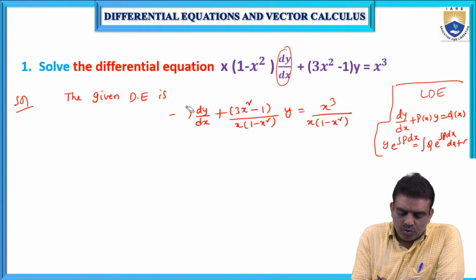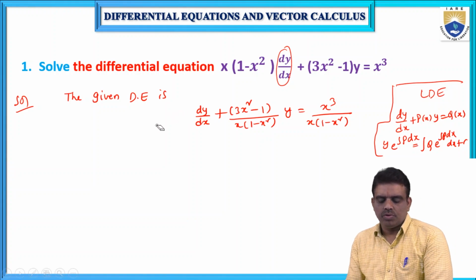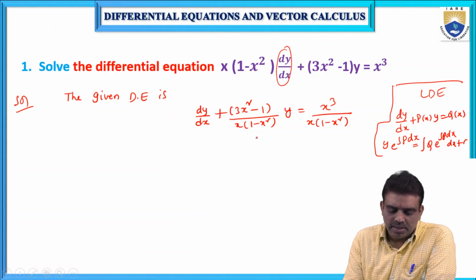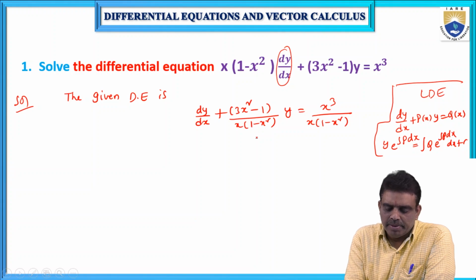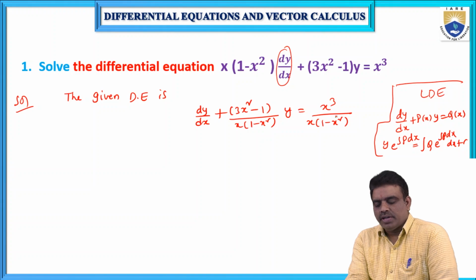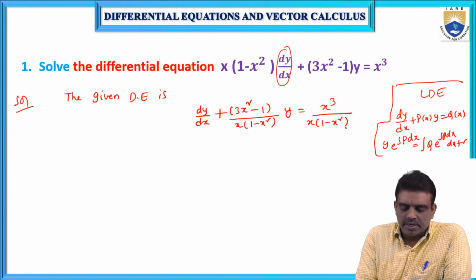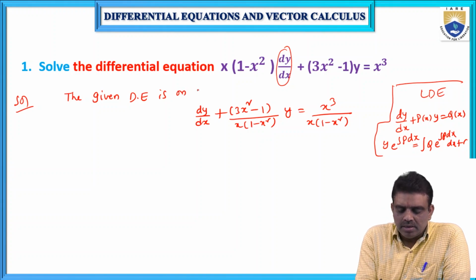On dividing throughout the equation with x(1 - x^2), we get dy/dx + (3x^2 - 1)/(x(1 - x^2)) y = x^3/(x(1 - x^2)). The given differential equation rewritten.